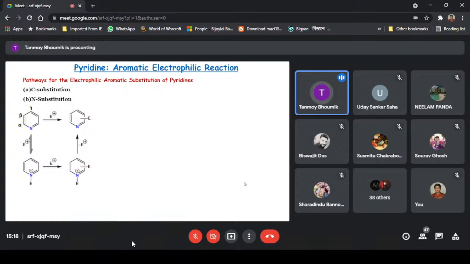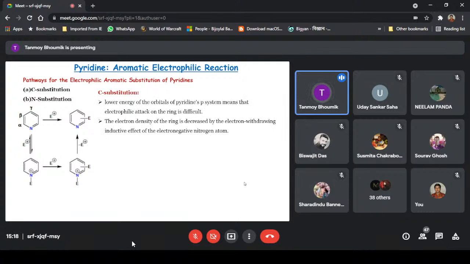There are two types of substitution reaction: one is C substitution, and another is N substitution. Whenever you use an electrophile, C substitution is the lower energy, and because of the orbitals of pyridine, electrophilic attack on the ring is very difficult.